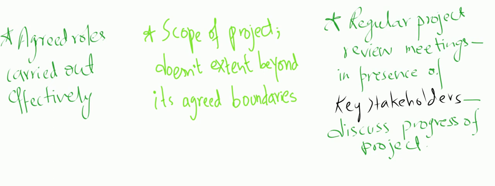We discussed this before, that scope is basically the boundaries of the project. You just need to ensure that the boundaries are not being crossed and nothing is going out from what was initially planned.